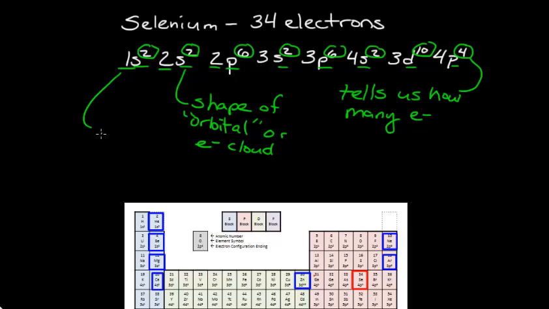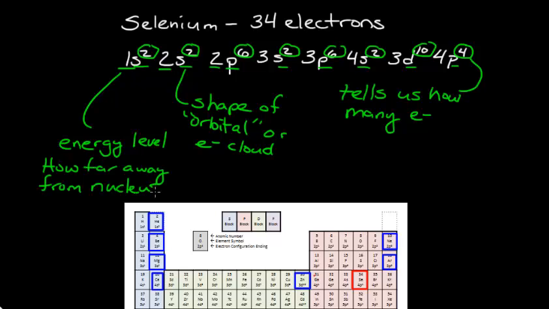This last piece tells us the energy level where these electrons are found. In basic terms, we can think of this also as how far away we are from the nucleus. 1 means we're very close to the nucleus. 4, we're further away from the nucleus.